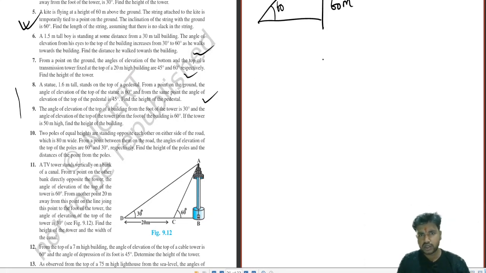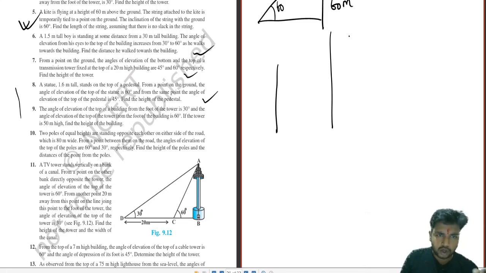So, for this question, the diagram should be drawn. The angle of elevation of the top of a building from the foot of the tower. So this is the tower and this is the building. Let's take it hypothetically. We will look at which is longer. I am not decided whether this is the tower or this is the building. When you are looking at a 60 degree angle, that means the height of the building is huge.